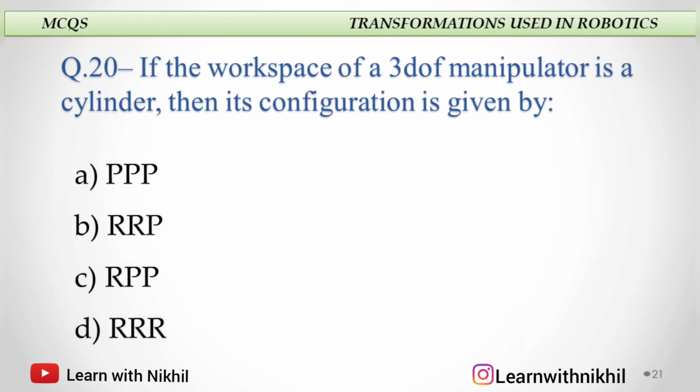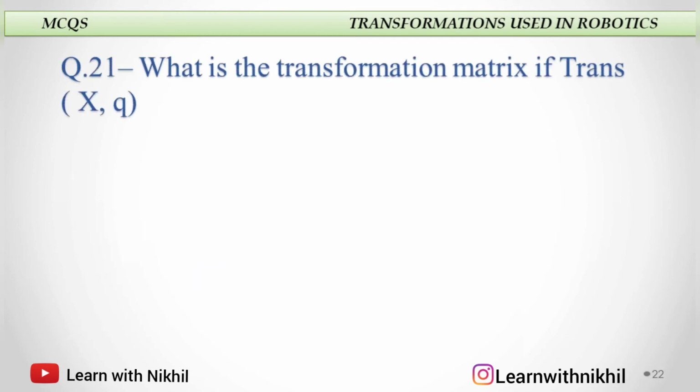Now P means prismatic and R means rotational joint. So for a workspace of a 3DOF manipulator cylinder, its configuration is 1 rotation and 2 prismatic joints. So RPP.